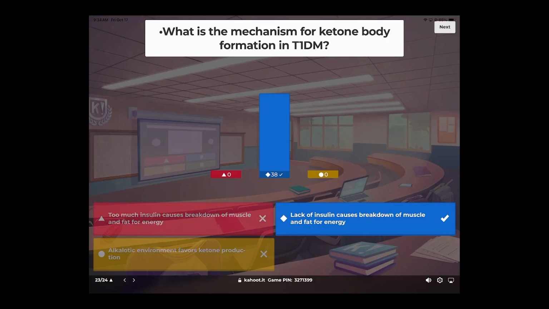Any insulin at all. So right off the bat, we know we don't have any insulin. So it's got to be lack of insulin because they don't have it at all. So lack of insulin causes breakdown of muscle and fat for energy, which is why with diabetics especially, if you give them a high protein diet, they'll keep their muscle mass, which is all the metabolically active stuff, and the ketones will just burn all the fat for them and they lose fat, they lose weight. That's how it works for them.